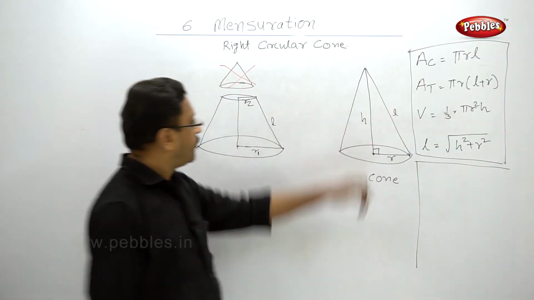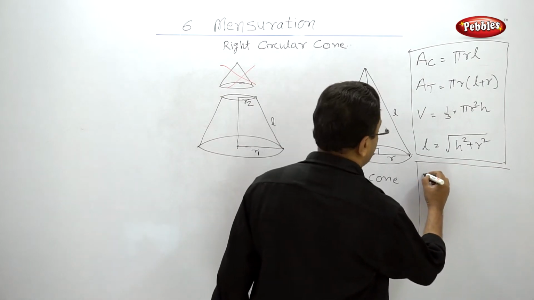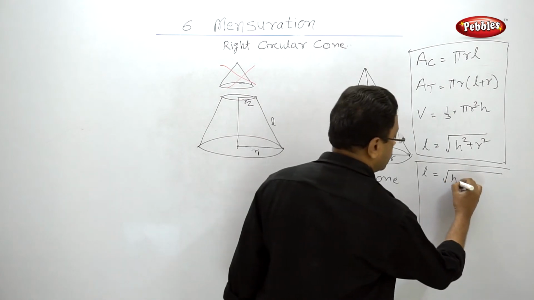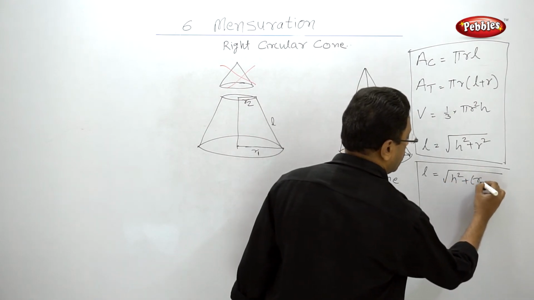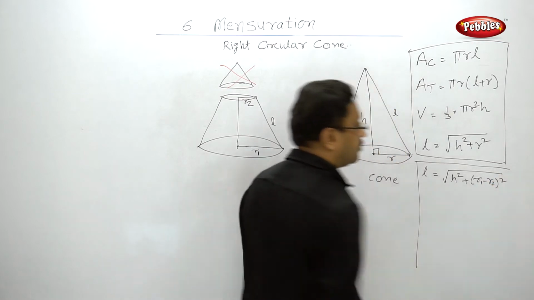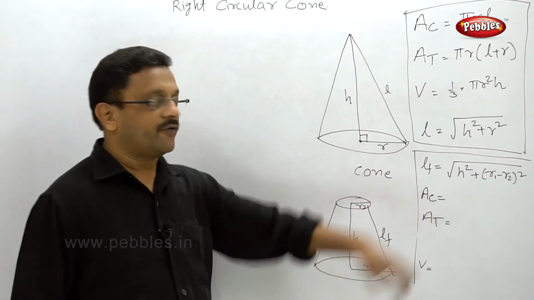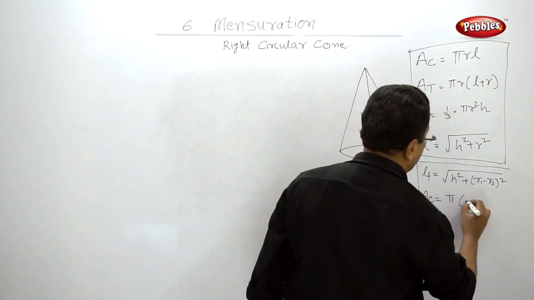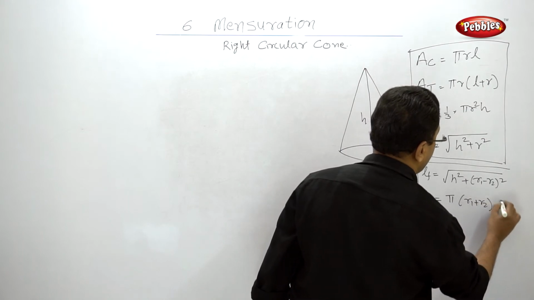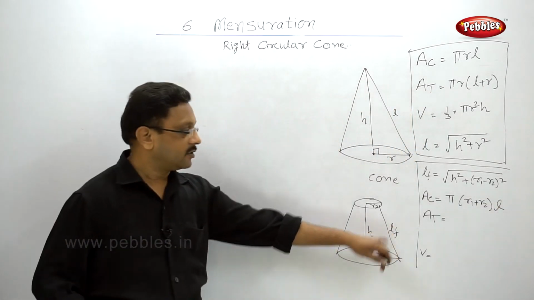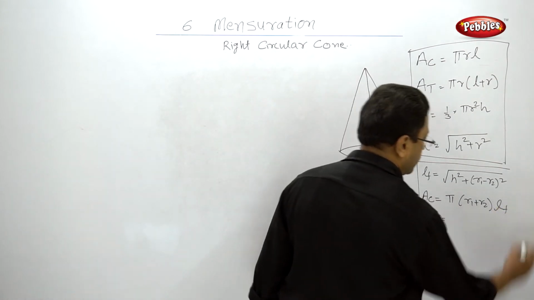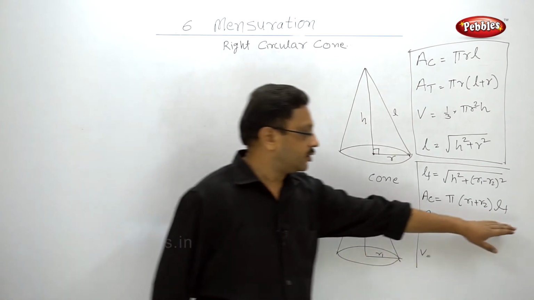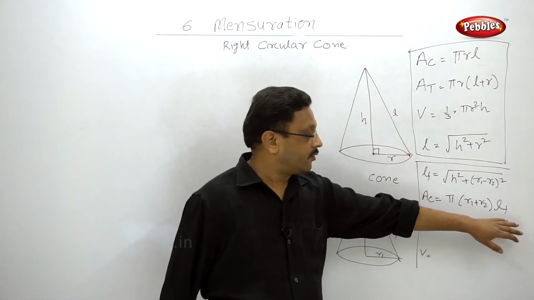First of all, the slant height of the frustum of a cone is equal to under root h square plus (R1 minus R2) square. Now what is the curved surface area? The formula for curved surface area is pi into (R1 plus R2) into L. You can write LF here to avoid confusion, because we have taken L here. So this is the slant height of the frustum.